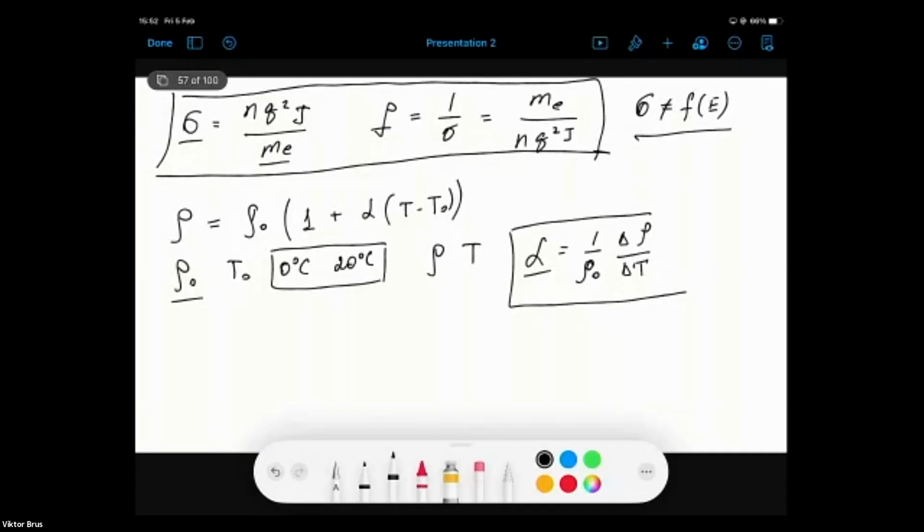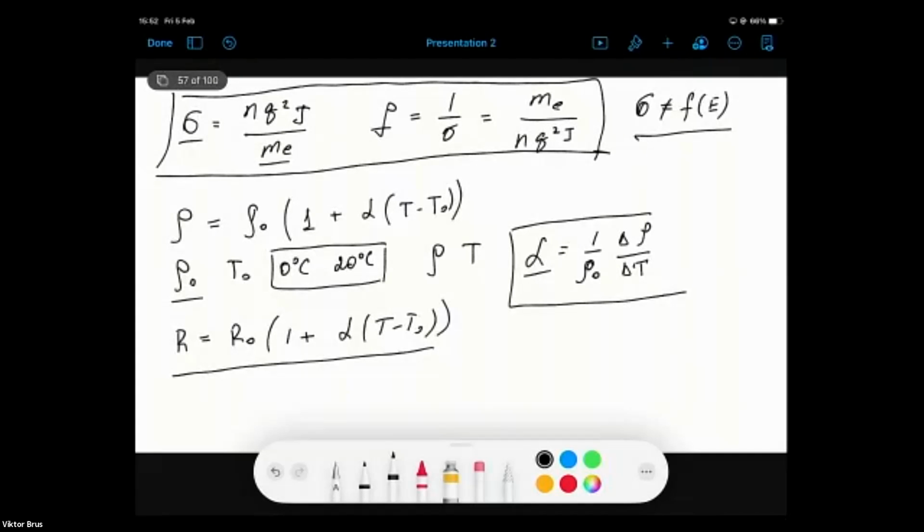The same could be written for the resistance: R is equal to R naught times 1 plus alpha times T minus T naught. This is also valid for the temperature dependence of resistance, because resistance is actually defined by the resistivity.